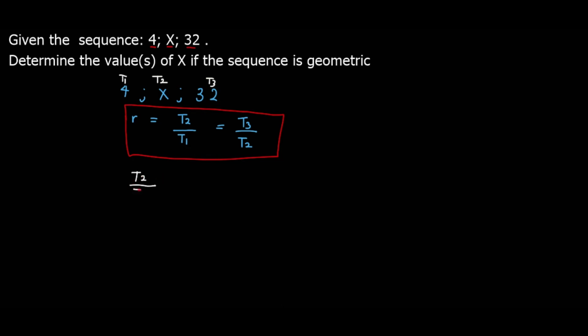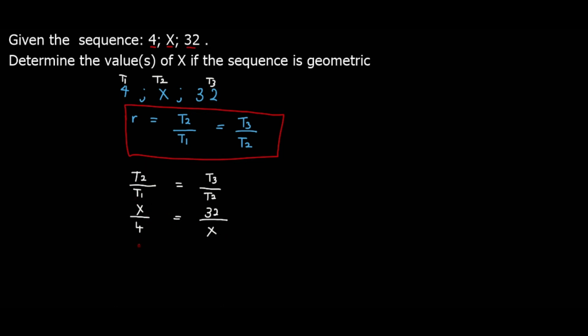T2 over T1 is equal to T3 over T2. T2 is x, T1 is 4, and T3 is 32. From here we cross multiply to find the value of x.